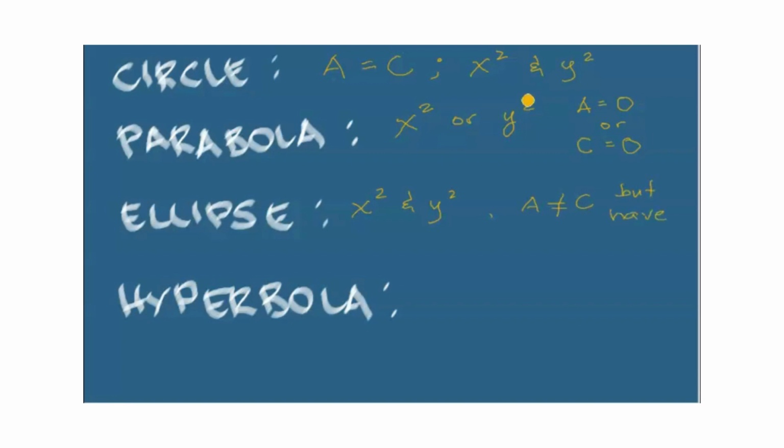And lastly, for a hyperbola, you also have an x squared and a y squared. The coefficients are not equal, but have different or opposite signs.